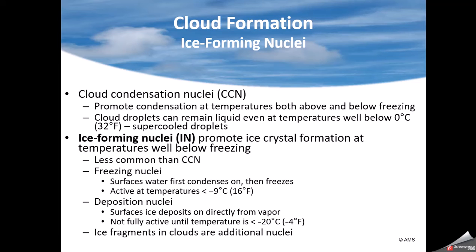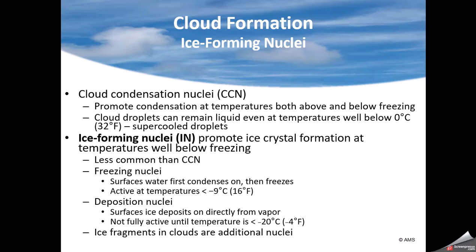Now, the next thing is, guess what? If there's nothing to freeze a water droplet, they're just tiny little droplets, so they have lots of kinetic energy in them. So it takes a lot to freeze them. What happens is you need an ice-forming nuclei. One of those type of things might be salt.